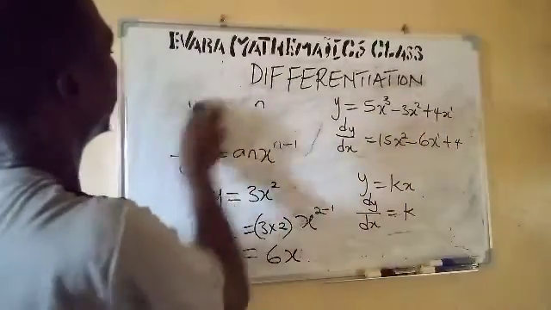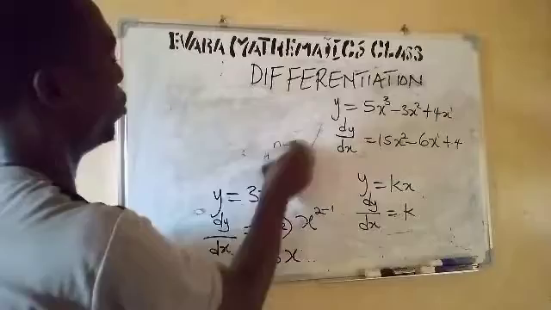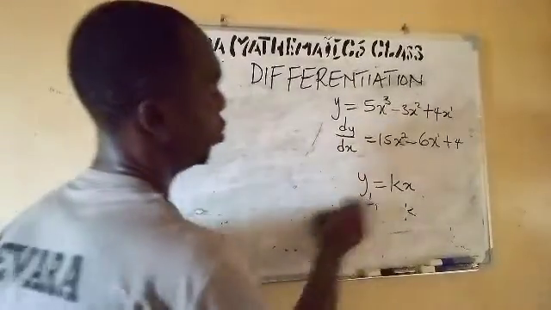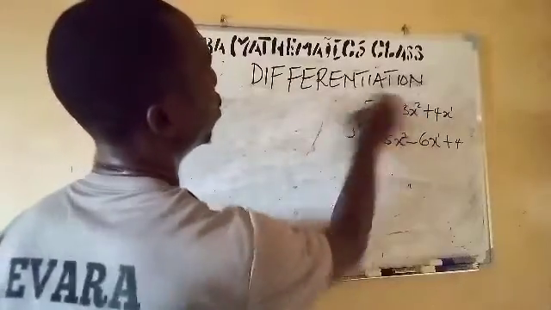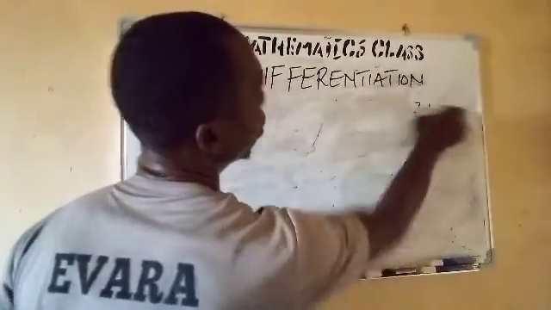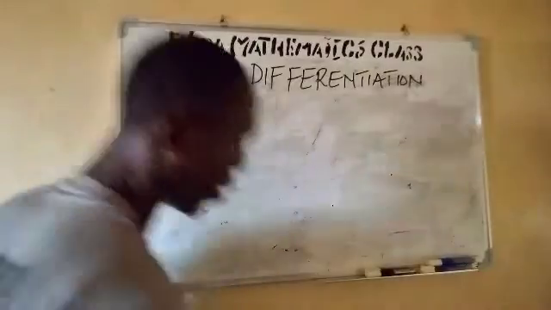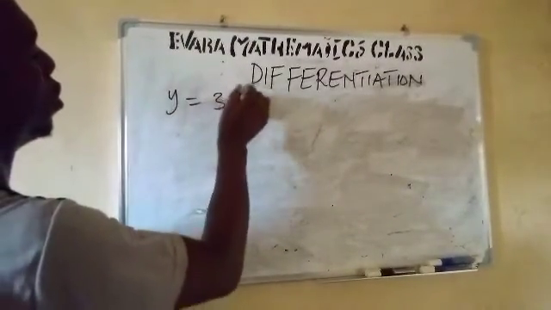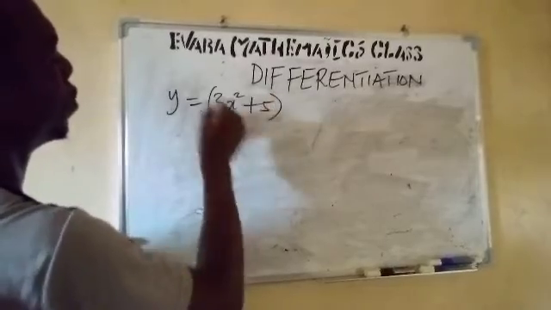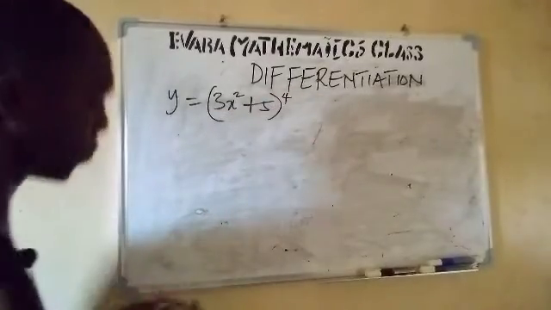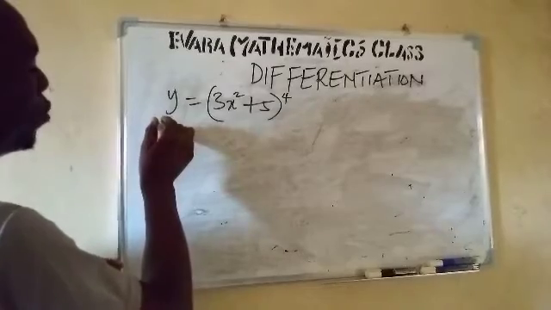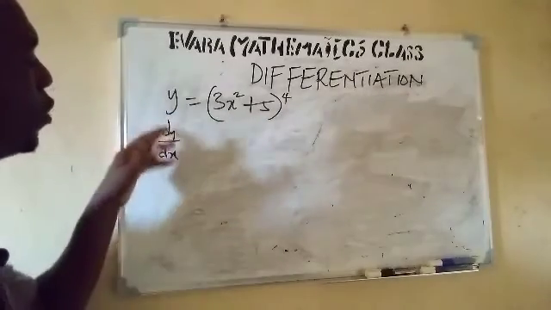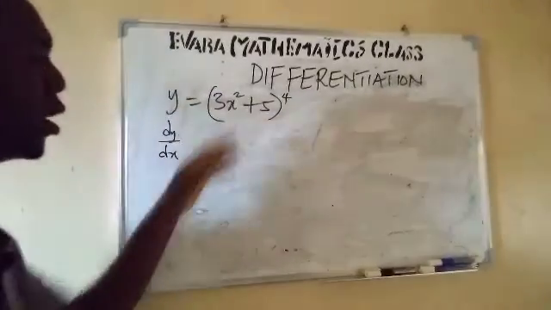Sometimes we have it to be a little bit complicated, which we know as a chain rule. If we have something like this, y equals (3x squared plus 5) raised to power 4, and we are asked to differentiate, find the derivative of y with respect to x.